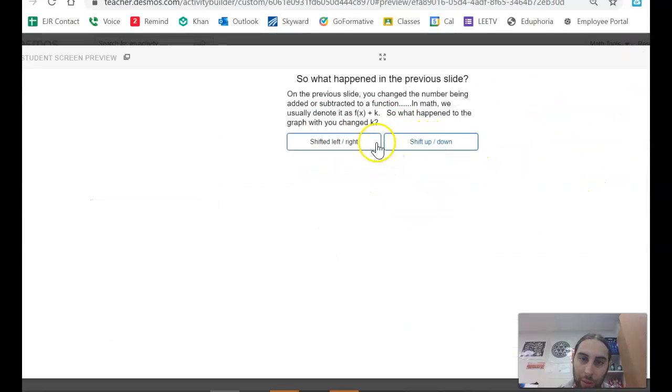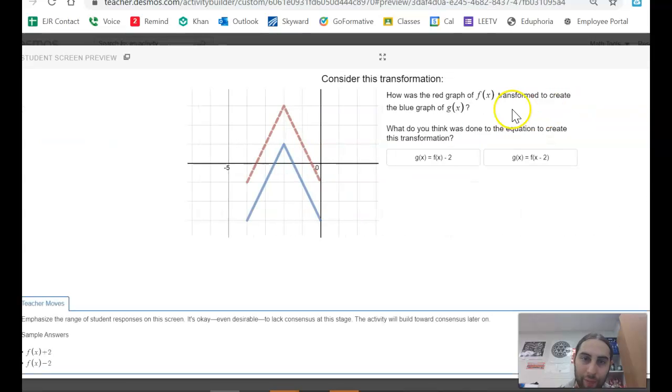Boom. So we call that K out here, after the function, shifts it up or down. How's the graph transform to create the blue graph? So you start from here, going down 2, that's -2, not inside the parentheses, outside the parentheses, -2.